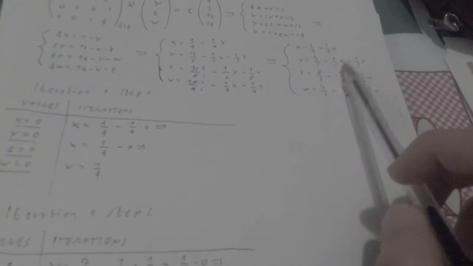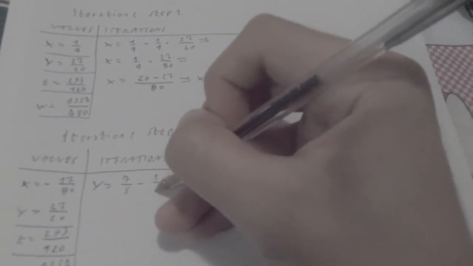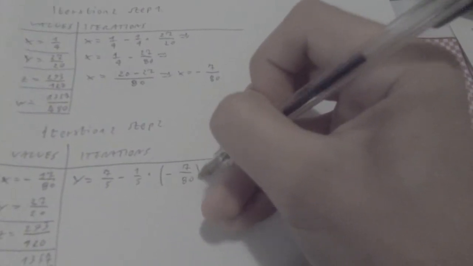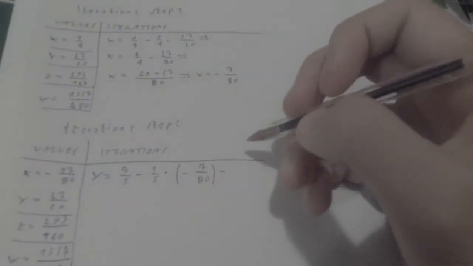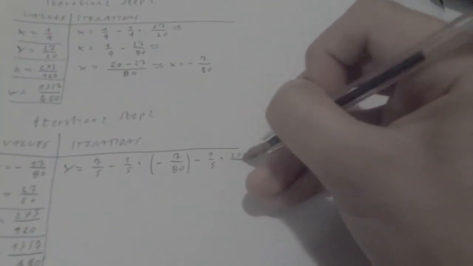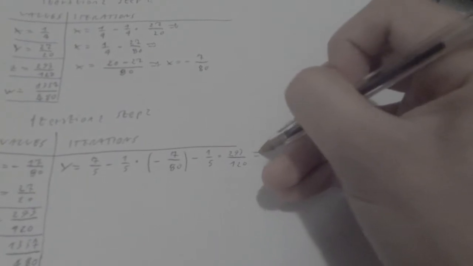Okay, so Y is actually equal to, let's see the equation, 7 over 5, which is a scalar, minus 1 over 5x minus 1 over 5z. So we're basically going to have 7 over 5 minus 1 over 5 times negative 7 over 80 minus 1 over 5 times 293 over 120.